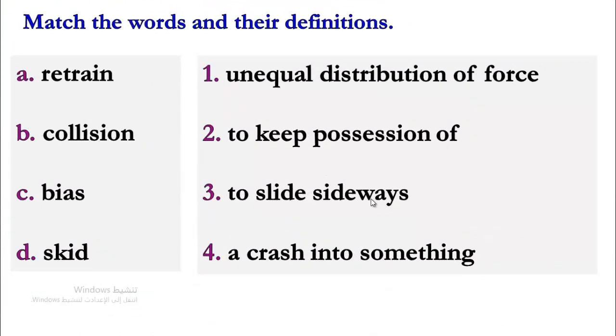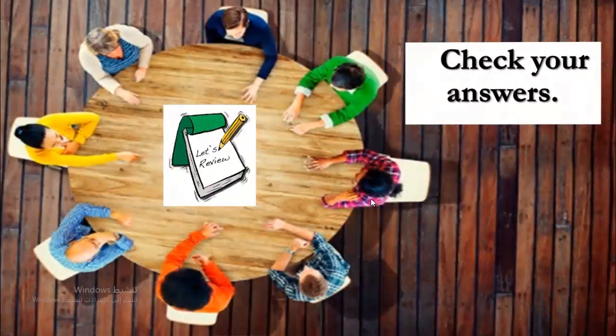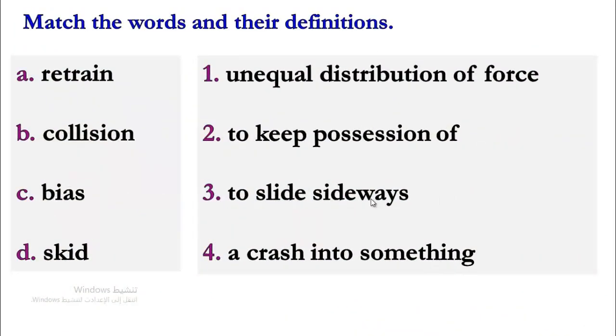Match the words and their definitions. Number A, restrain. Number B, collision. Number C, bias. Number D, skid. Who can answer? Number A, restrain means, yes, excellent, number 2, to keep possession of.